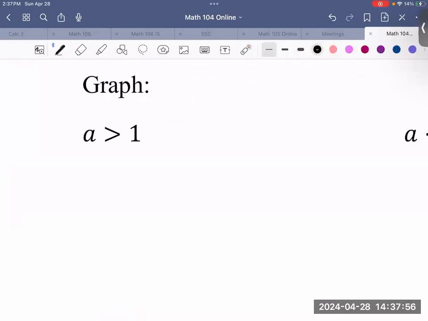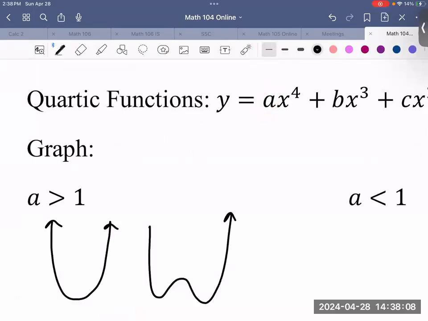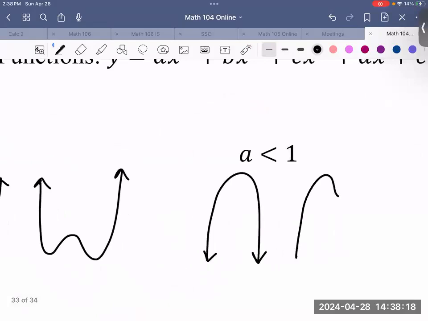Now, if a is positive, we're going to be working with a U shape. Now, this can be a U, or if we have many, many curves, it can be kind of a W shape. Now, if it is negative, we're working with an upside down U, or kind of a wonky W shape just facing down.